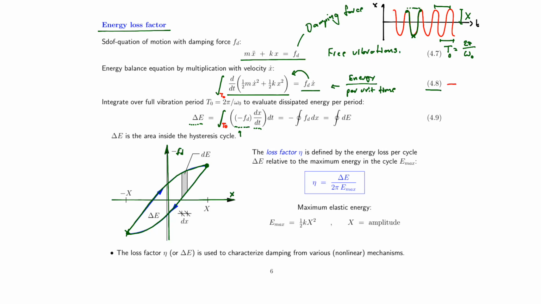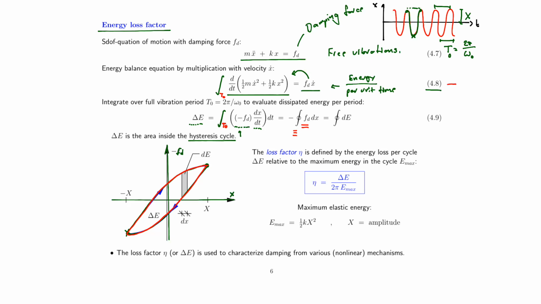And such a drawing represents a so-called hysteresis cycle. If we were to draw more periods, we would simply see lines lying entirely on top of each other. This would be the subsequent period. So it makes good sense to only consider a single period. An integration where you start out at one point and end up at the same point can be written as a so-called circular integral or closed path integral, meaning that the evaluation of the integral corresponds to Fd times displacement.